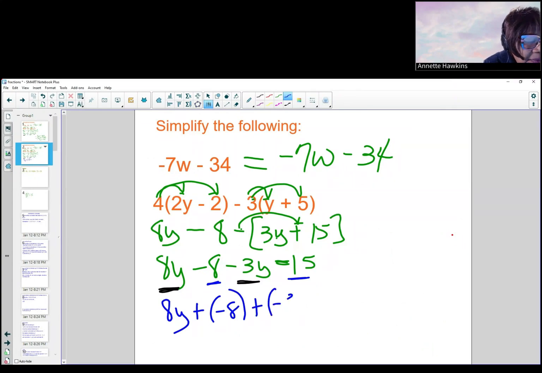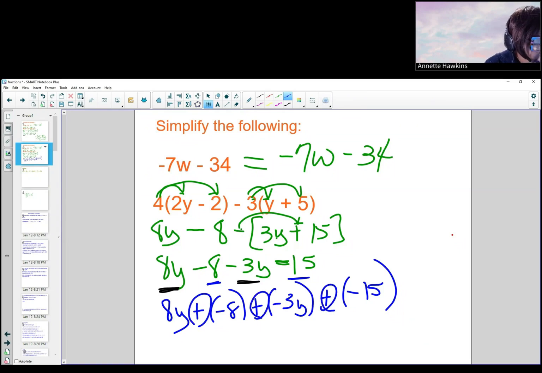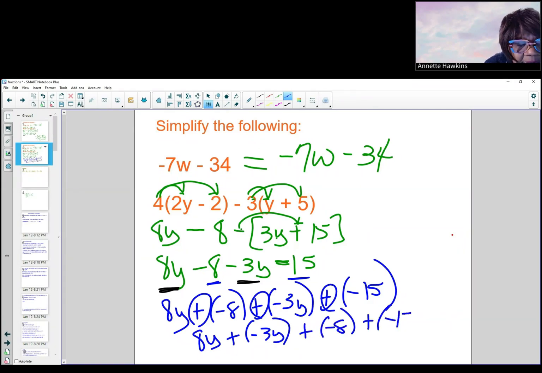So this is 8y plus negative 3y plus negative 15. Okay. Now, because everything is plus, I am going to put together everything that are like terms: 8y plus negative 3y plus negative 8 plus negative 15.